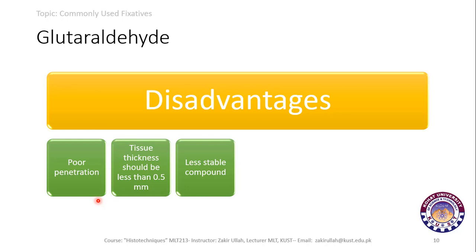This glutaraldehyde is a less stable compound, therefore it should be used in a very quick way when it is opened, and the tissue should be directly put into glutaraldehyde solution for better fixation.